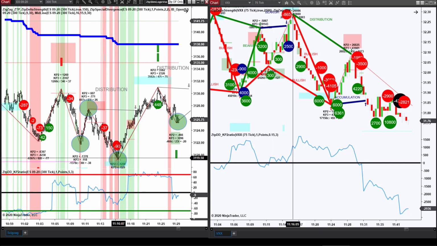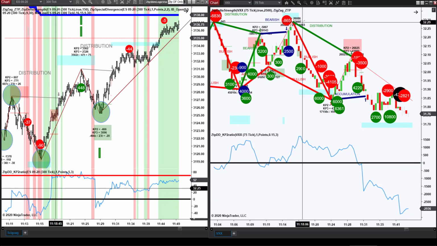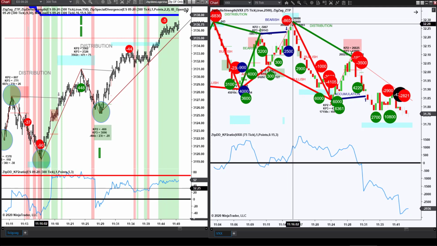Then as we get to this long trade here, we can see we didn't have divergence, but the pattern was a standard counter trend resistance zone here, along with down here.